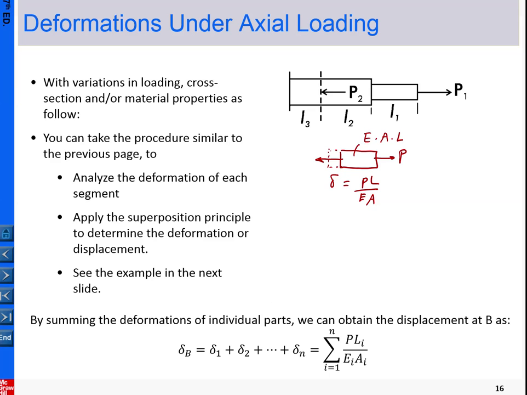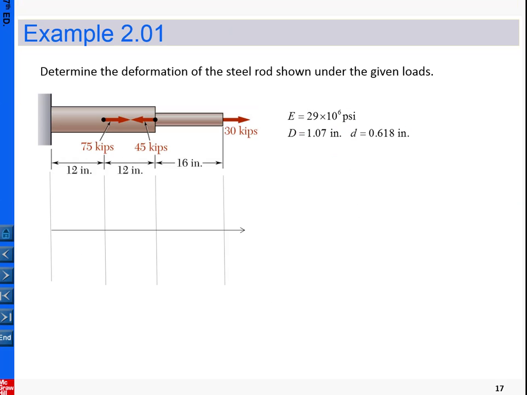Each free body diagram hopefully fits into this template. In this way, for each portion you are able to calculate the corresponding deformation. Then you simply superpose, or take the summation of, each free body diagram. We can look at the example here.